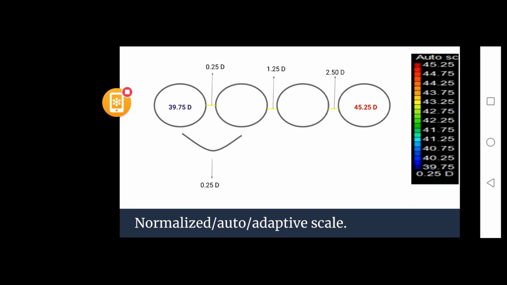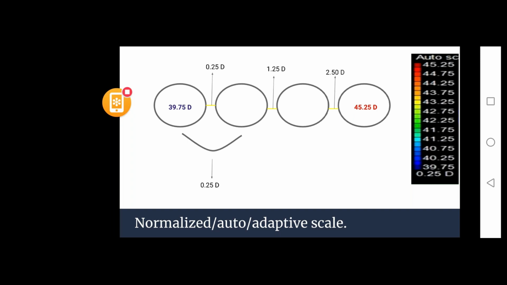Basically, whenever you take any topography report in your hand, the first thing you should see is the type of scale being used, whether it is an absolute scale, a normalized scale, or a custom scale. Suppose a patient comes in with a report and says, this topography was done and I was diagnosed with keratoconus.